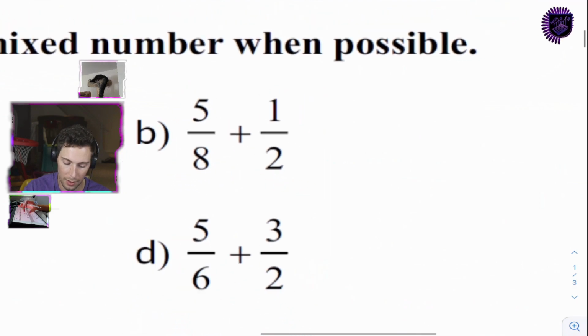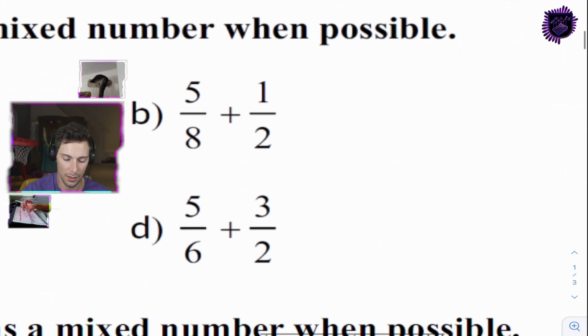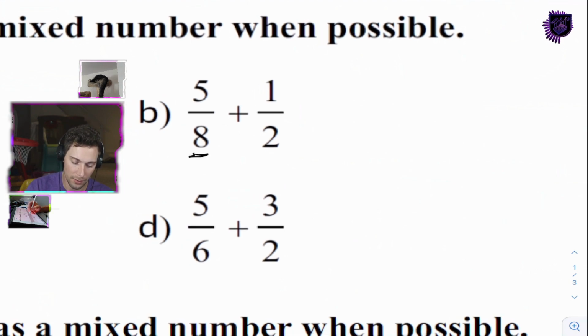2B. Now, the lowest common multiple of these two numbers, or the lowest common denominator, is going to be 8, because 2 can multiply into 8. So we just have to multiply one side by 4, because 2 times 4 is 8. Whatever we do to the bottom, we need to do to the top.